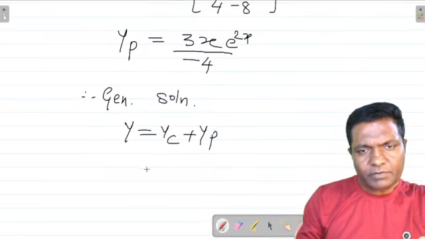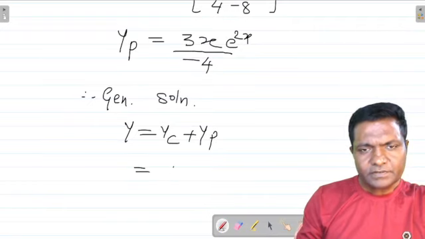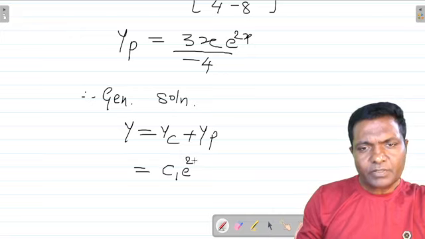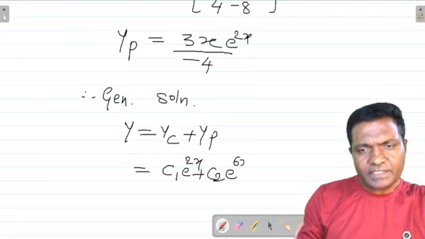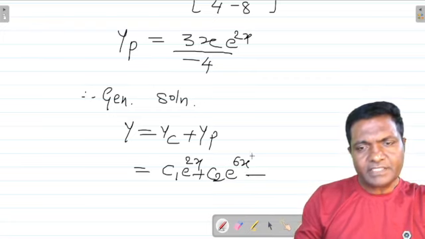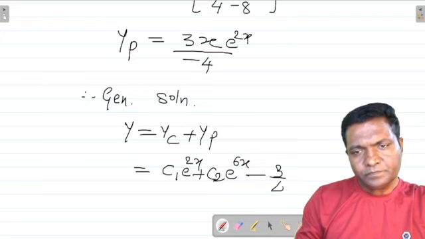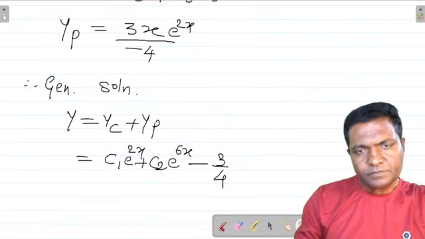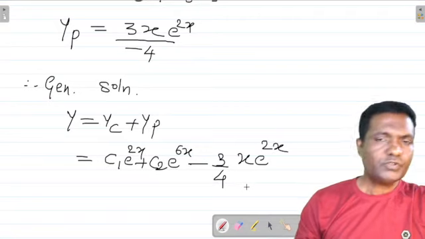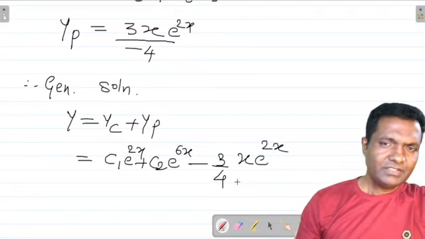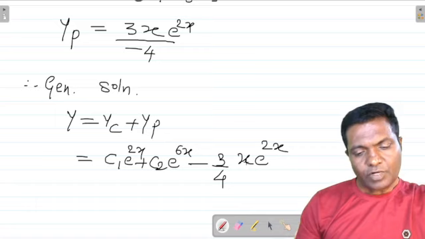So whatever your yc is, you have to write yc is c1 e power 2x plus c2 e power 6x, and yp is minus 3 by 4 x e power 2x. So let me do one more example.